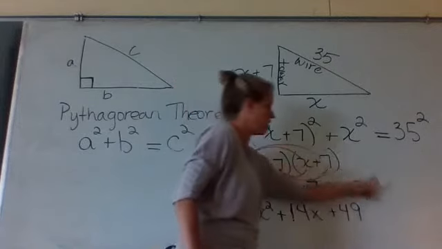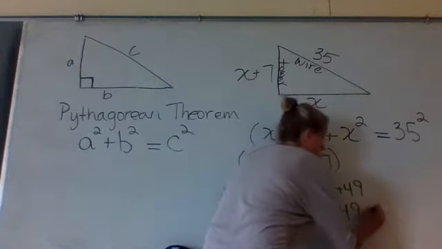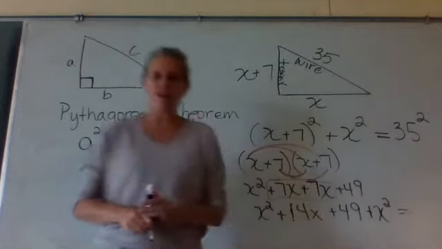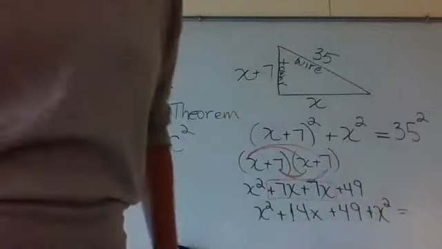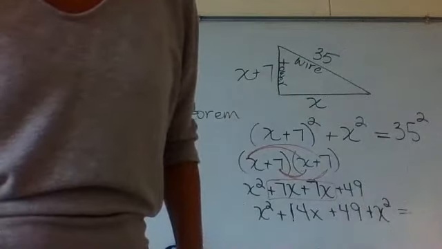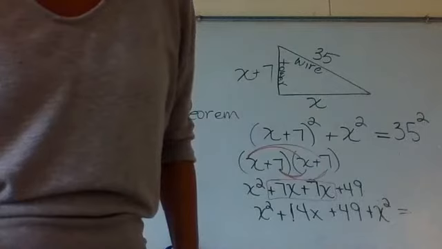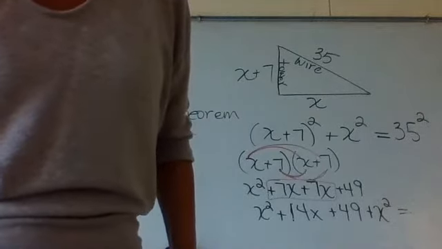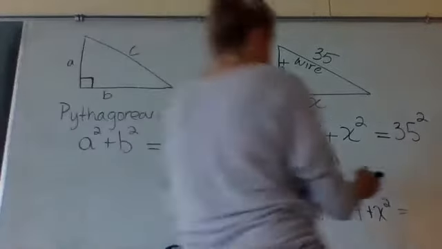Now, this x squared, I'm just dropping down, equals, on the right side, I've got 35 squared. So let's see what that is. 35 squared gives me 1,225.